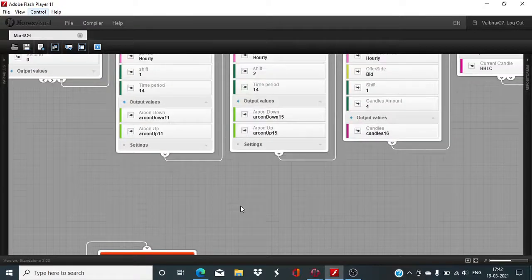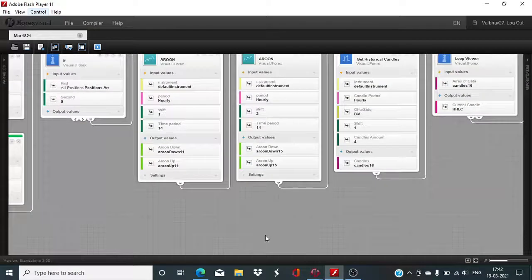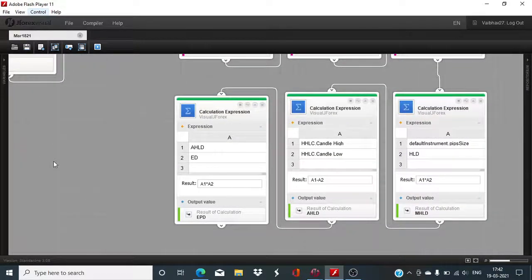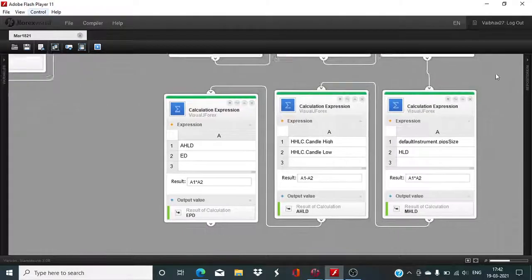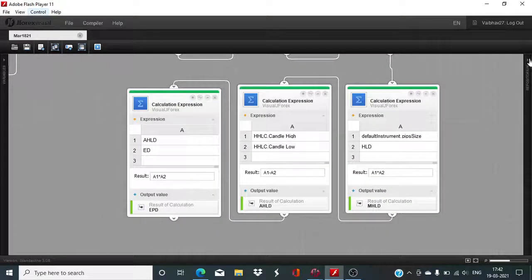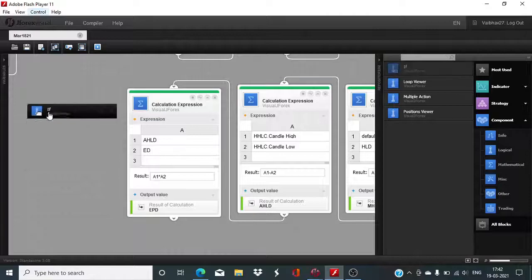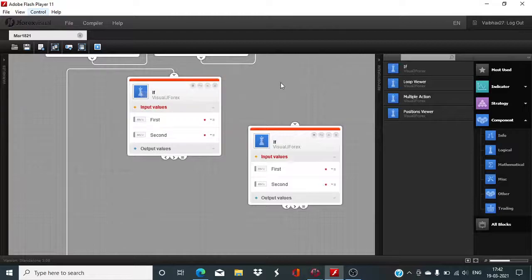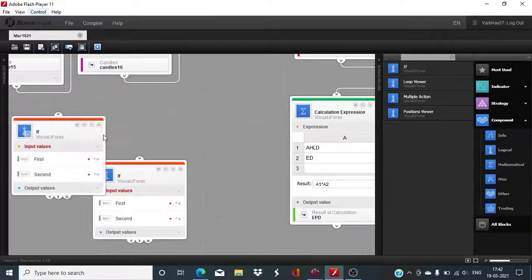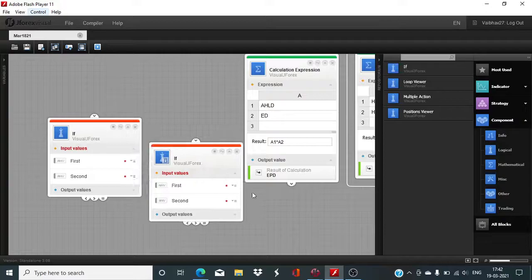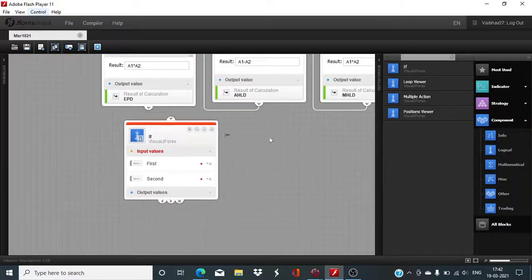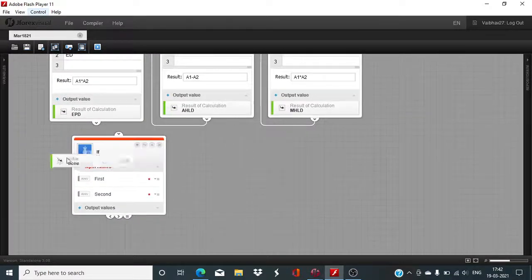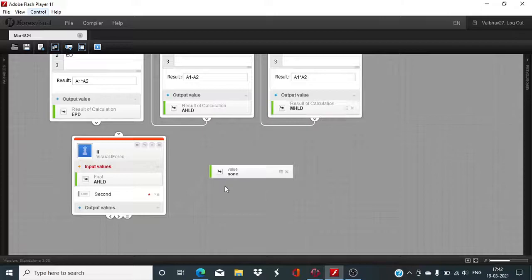Now what we have to do is take a couple more blocks and do the comparison regarding the final action. For that, we will have to compare the actual high low difference to the minimum difference, and it should be above the minimum difference.